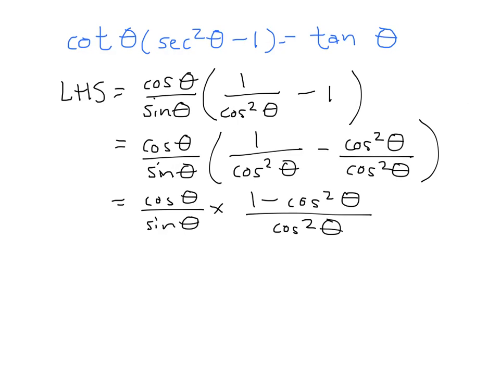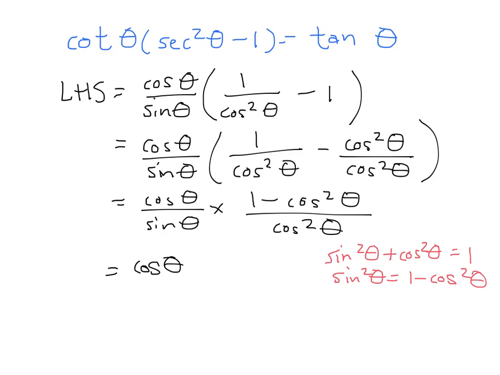Now, we know that sine squared theta plus cos squared theta equals 1, which means that sine squared theta is going to be equal to 1 minus cos squared theta. This means we can turn that second fraction, okay, the first fraction is still cos over sine, and that second fraction becomes sine squared over cos squared.